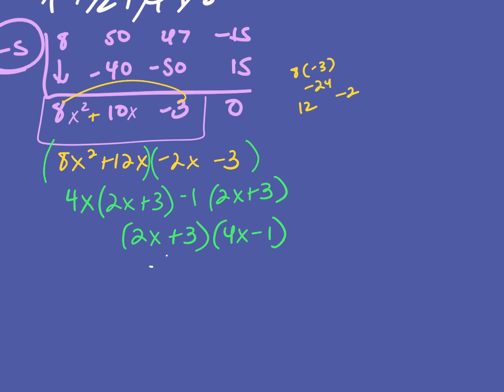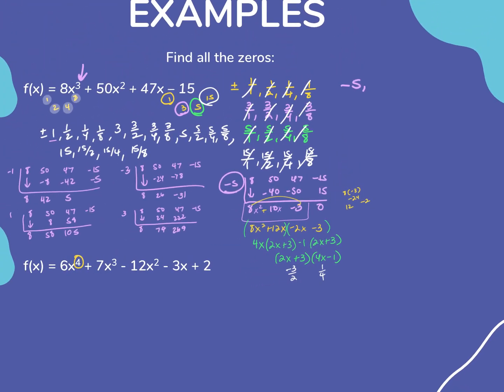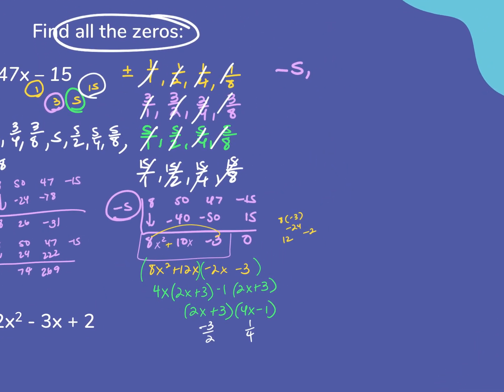And I get -3 halves and +1/4. So it says find all the zeros, which means my answer is the -5, the -3 halves, and the +1/4.